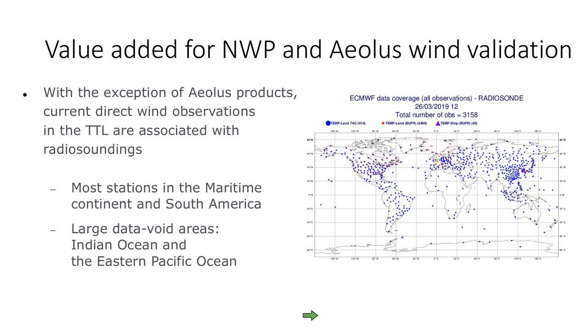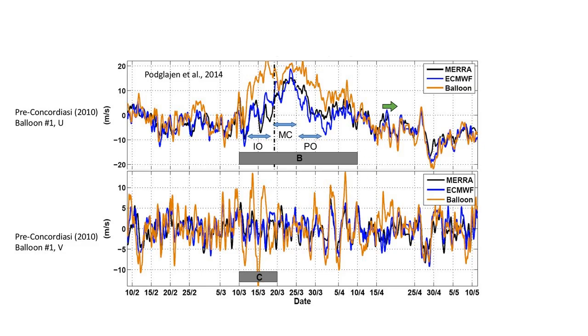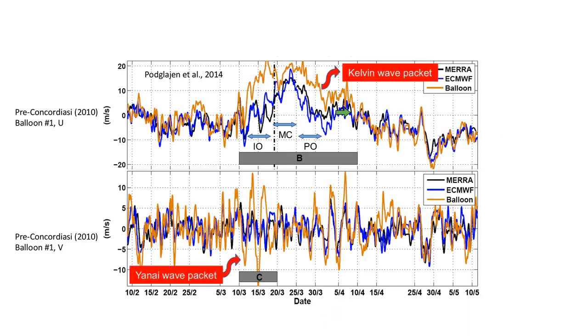One example of the wave impacts on horizontal velocity of winds in the equatorial region is shown here. This is once again that preliminary campaign data in 2010, where when these waves were present in the stratosphere, the balloon winds varied quite a bit from the reanalysis winds that did not have the balloon data in it.